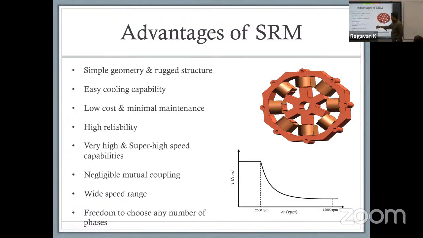Also, the torque-speed range has a much longer constant power region, so you can go to much higher speeds of operation for this motor, which is a big benefit. It has negligible mutual coupling. It has the ability to start with any number of phases. So unlike an AC machine, in which typically you have 1, 3, 5, 7 phases, switch reluctance machines can also have an even number of phases, and nothing necessarily gets in the way. You just have to design the rest of the system to match.